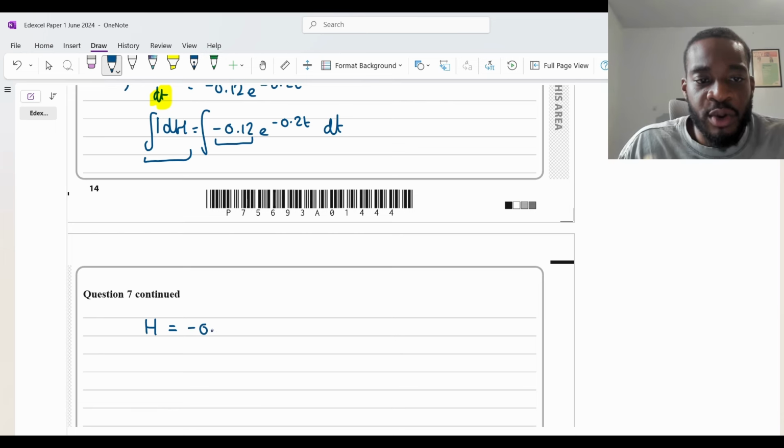So I'm going to write minus 0.12 times by, and then I'm going to just integrate this. Now, how do I integrate this? Remember, because we're integrating with the reverse chain rule, we're going to differentiate the power, minus 0.2t, which differentiates to just minus 0.2. But because we're integrating, we're going to divide by it. So I'm going to do 1 over minus 0.2. And then you just multiply by the exact same thing, so e to the minus 0.2t.